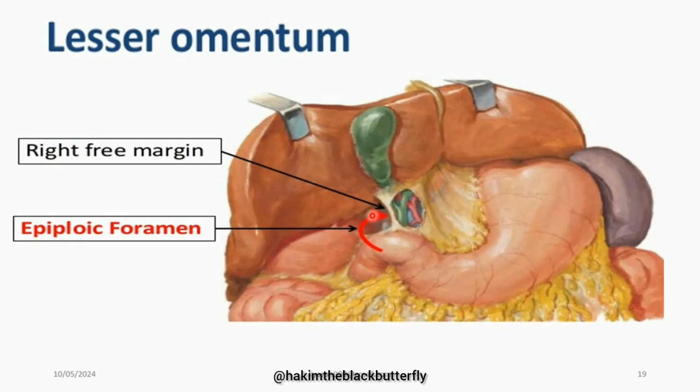Beneath the right free margin of the lesser omentum, there is an opening that we call the epiploic foramen. This opening leads you to a space that we call the omental bursa. There is a space beneath this ligament that we call the omental bursa, and it's entered with the help of this epiploic foramen.